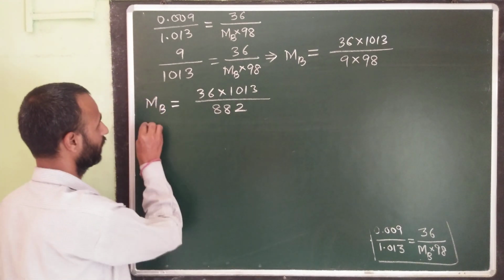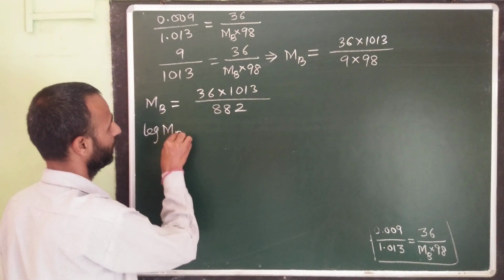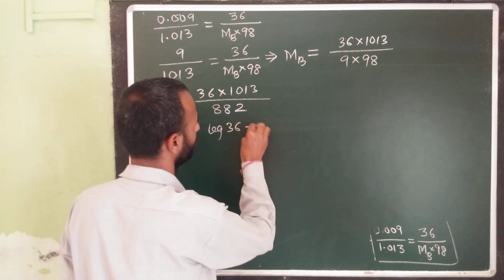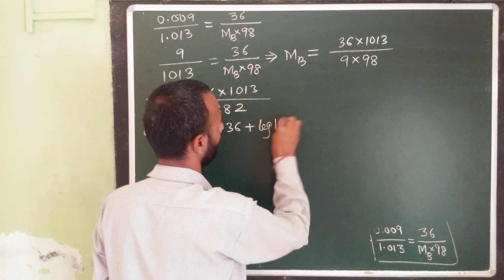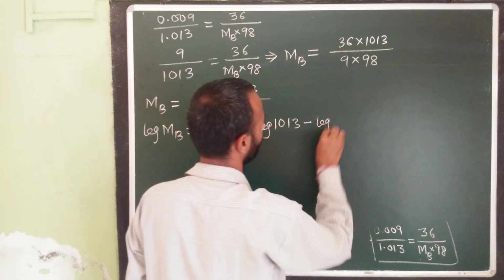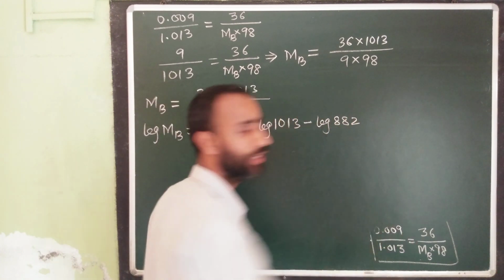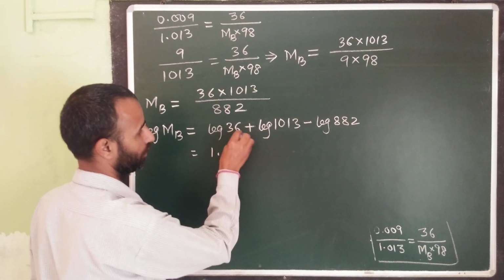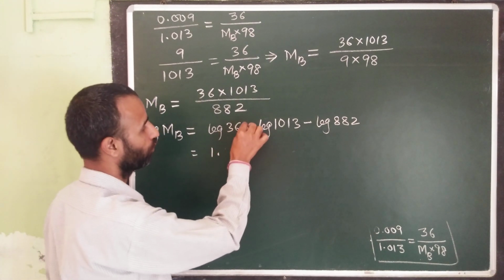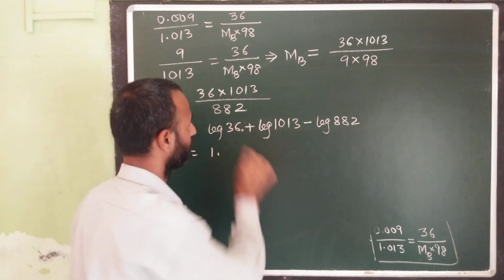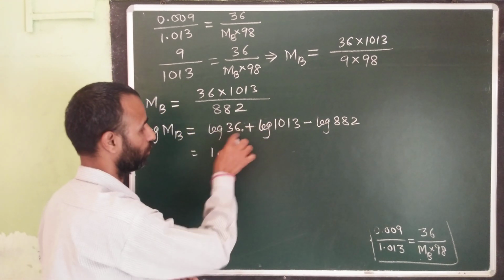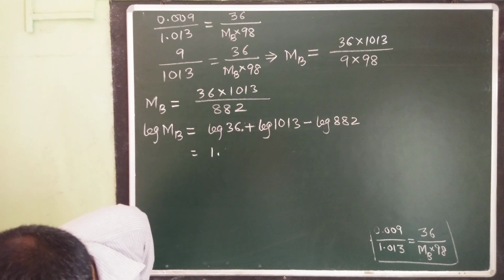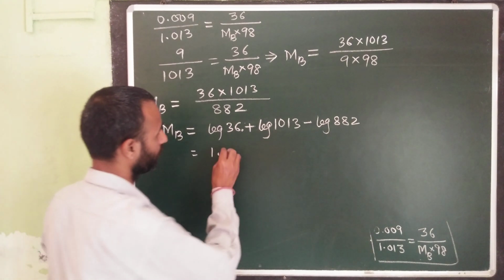So taking log, log MB is equal to log of 36 plus log of 1013 minus log of 882. So log 36 means 2 digits before decimal place, so 1 point, and 36 0, its value is 5563.